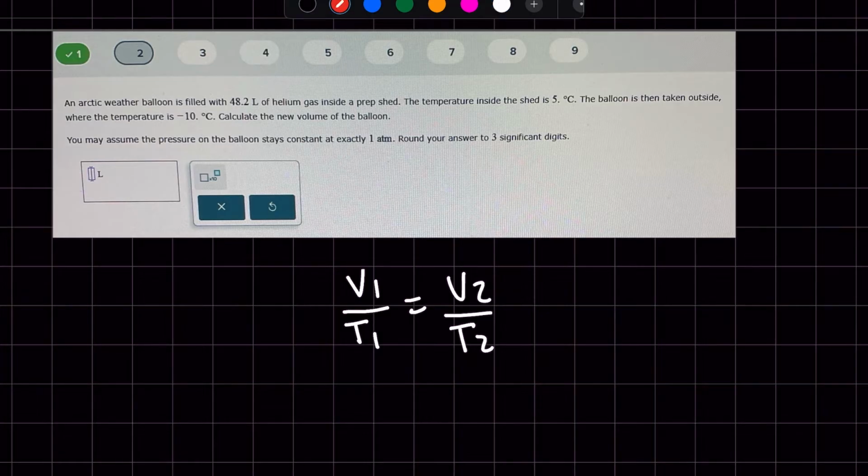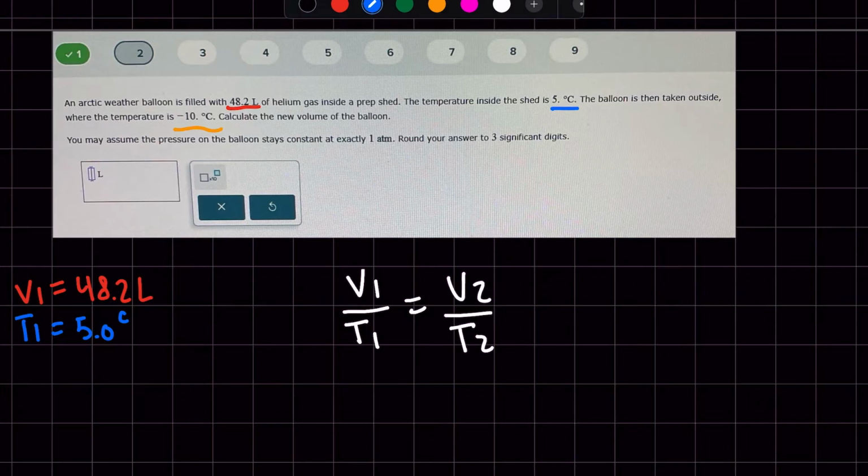If we break down our problem, we'll have 3 different numbers: 48.2, 5 degrees Celsius, and negative 10 degrees Celsius. Our V1, which is our initial volume, is going to be 48.2 liters. And then our T1, which is our initial temperature, is equal to 5 degrees Celsius.